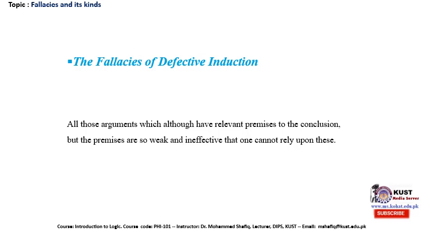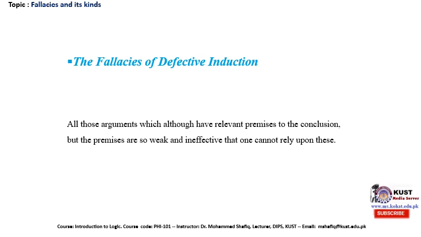In fallacies of defective induction, which are also very common, the mistake arises from the fact that premises of the argument, although relevant to the conclusion, are so weak and ineffective that relying upon such premises is just like committing a blunder, because they are so weak that we obviously cannot rely upon them, which also weakens the argument rather than supporting the conclusion.